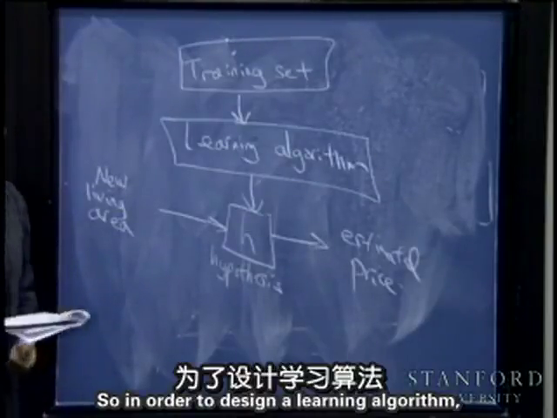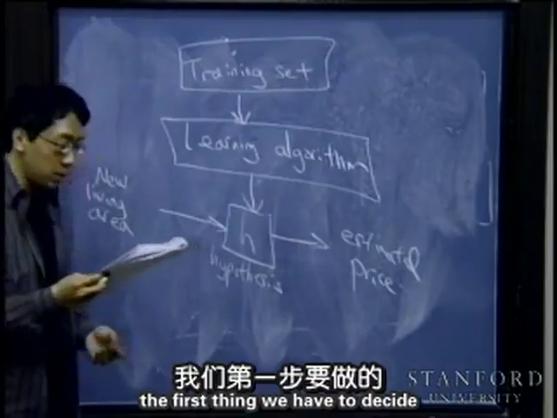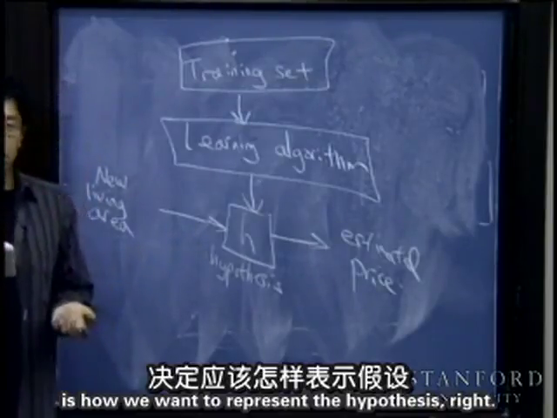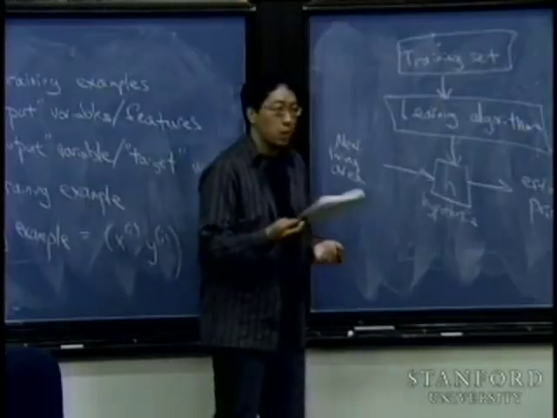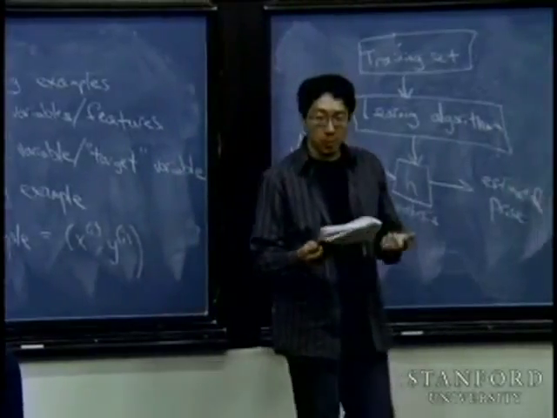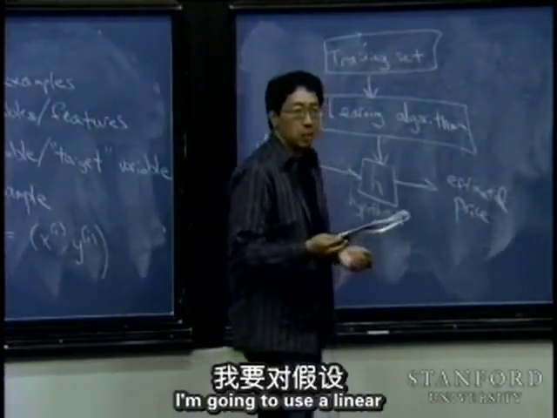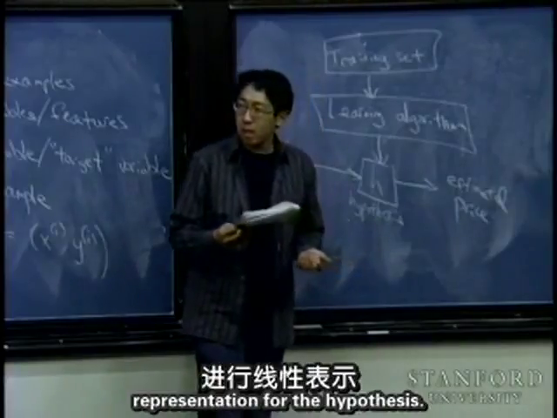So in order to design the learning algorithm, the first thing we have to decide is how we want to represent the hypothesis, right? Just for the purposes of this lecture, for our first learning algorithm, I'm going to use a linear representation for the hypothesis.